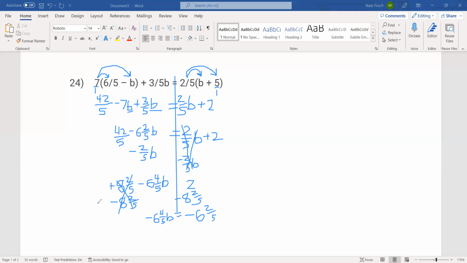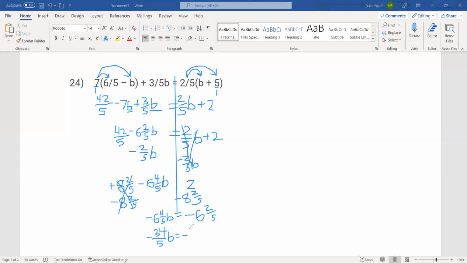All right, so at this point, I think it's going to be better if I make these into improper fractions. So 6 4/5, that would be negative 34/5. 6 times 5 is 30 plus 4. On the other side, negative 6 2/5. 6 times 5 is 30 plus the 2.